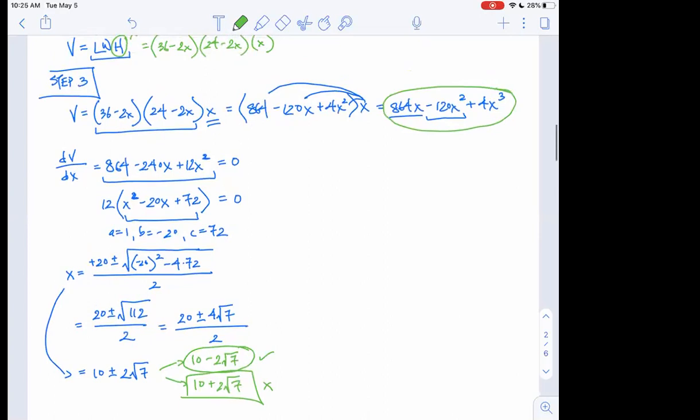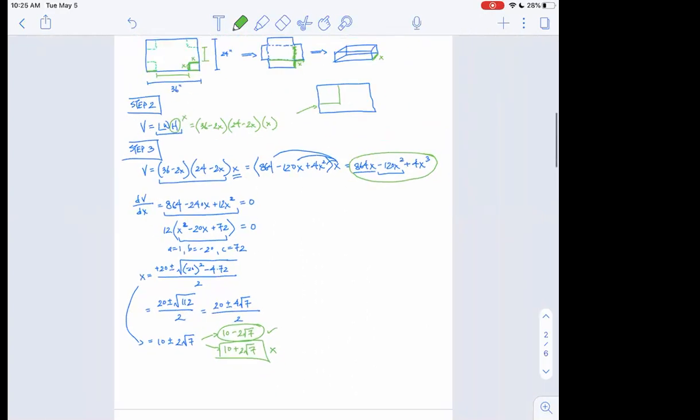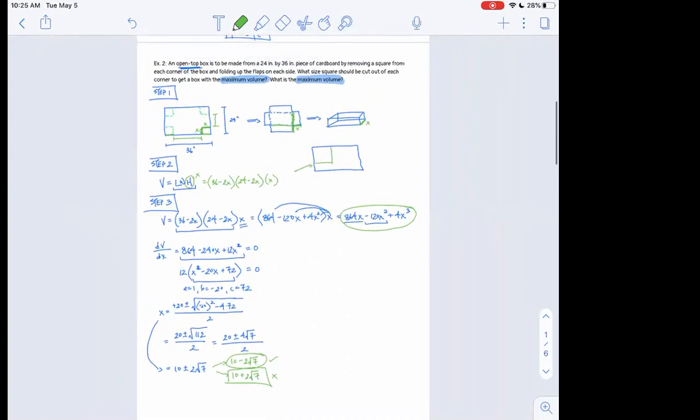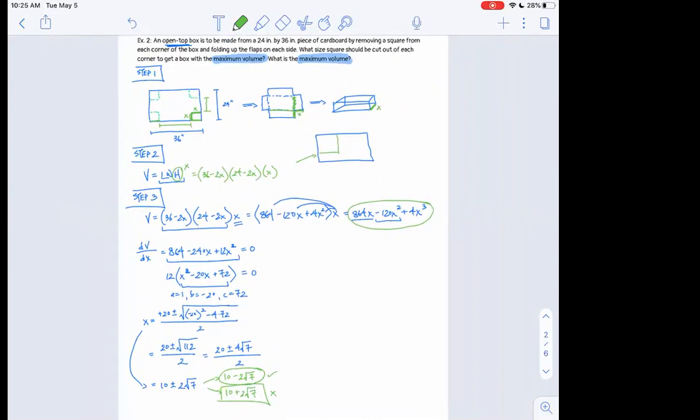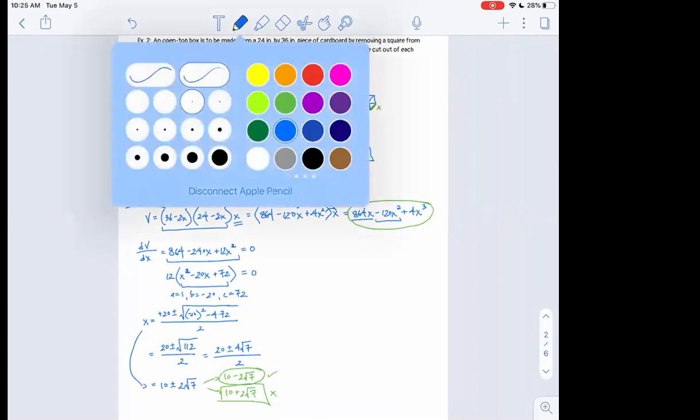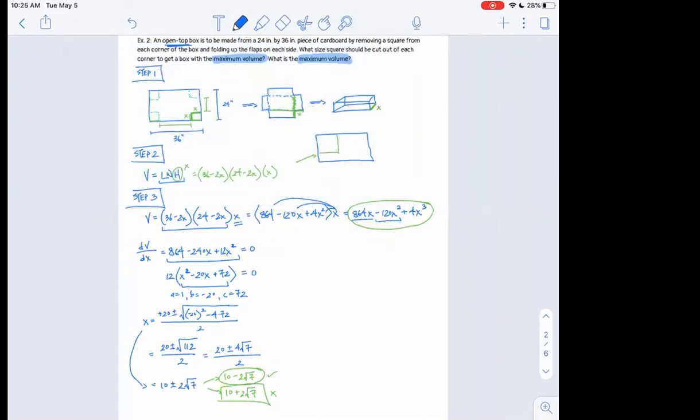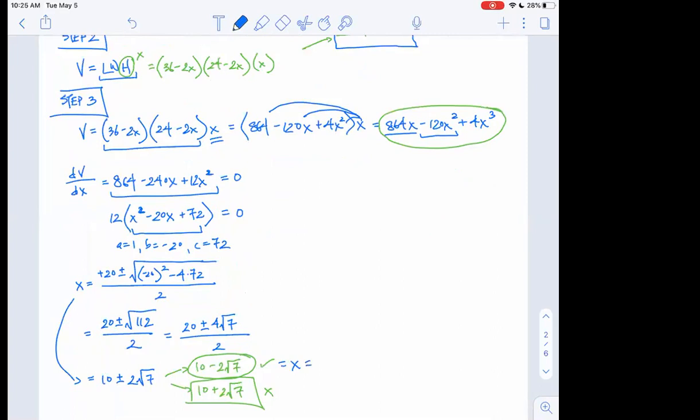And so what we can say now is we have two answers, but one of them does not represent the maximum volume. We know that this is the length of the square. So let's turn that momentarily into a decimal to help us envision what we're actually cutting out. If I turn this into a decimal, I get about 4.708 inches.